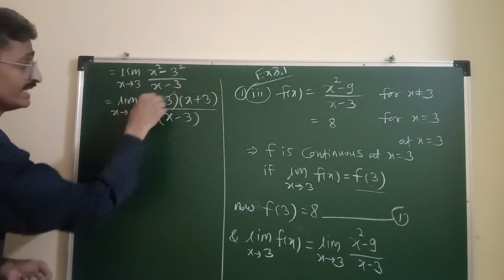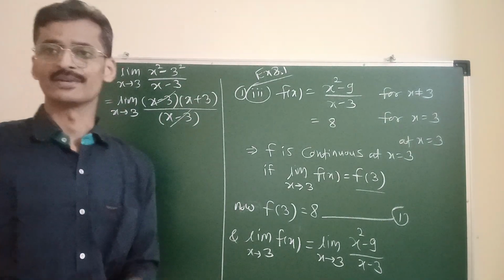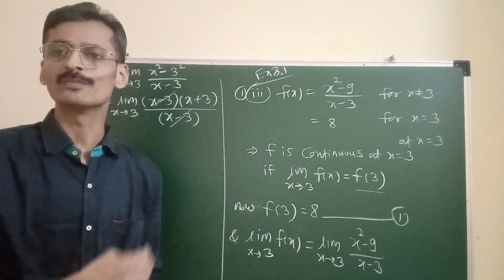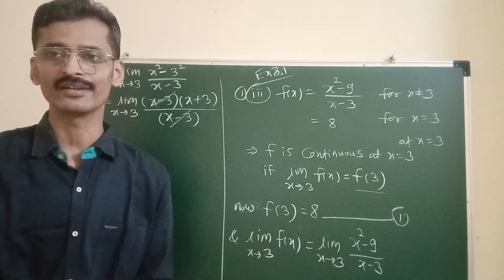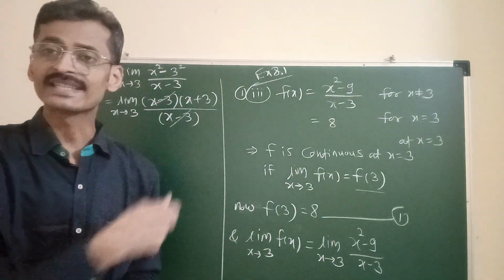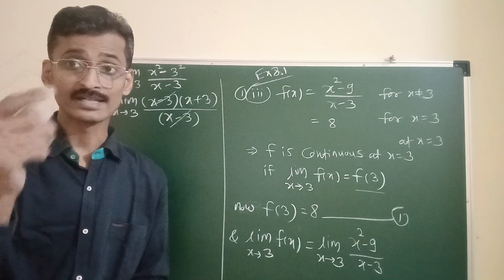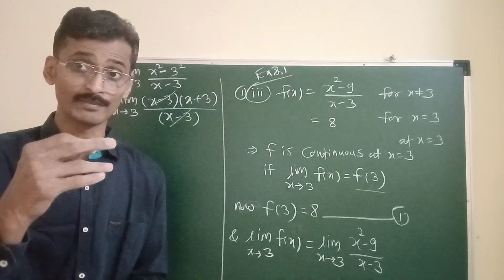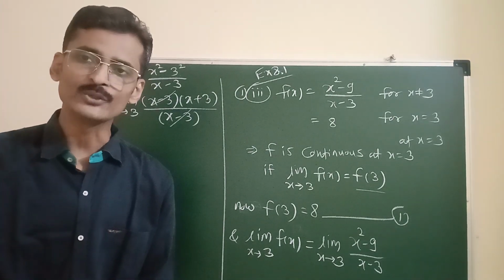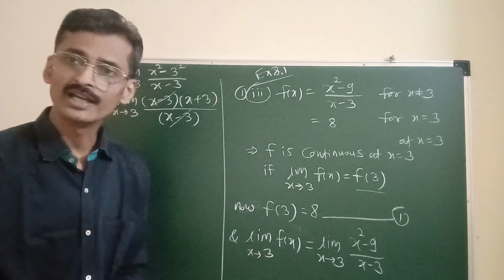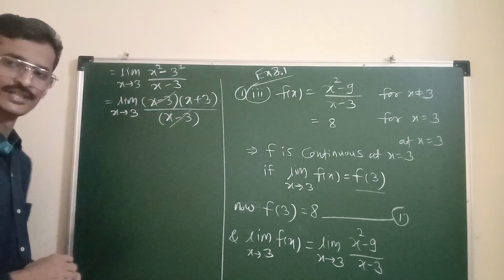Now we can cancel this x minus 3, but cancel means we are dividing both numerator and denominator by x minus 3. We can divide by some a only if that a is not equal to 0.